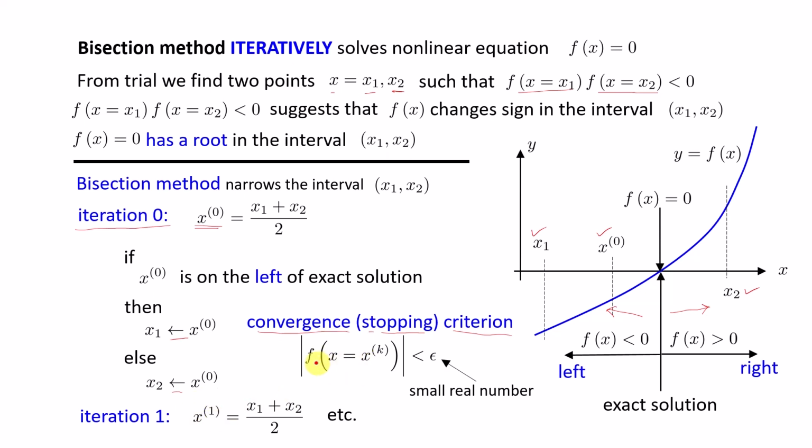For every x, we'll check this f of xk, and when this comes to be very small, less than a small real number epsilon, that we'll set according to the accuracy that we need. When the absolute value of f of xk is very small, close to 0, we will assume that my xk is the acceptable solution. It will still not be equal to the exact solution, but it will be our acceptable solution, and we will stop our calculation there.